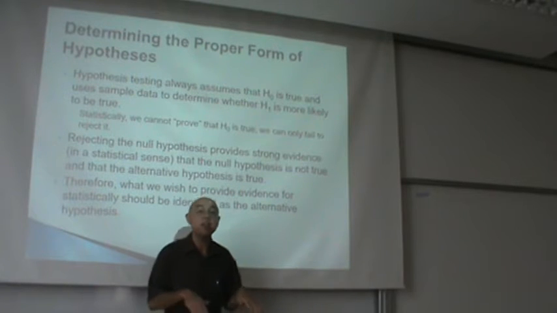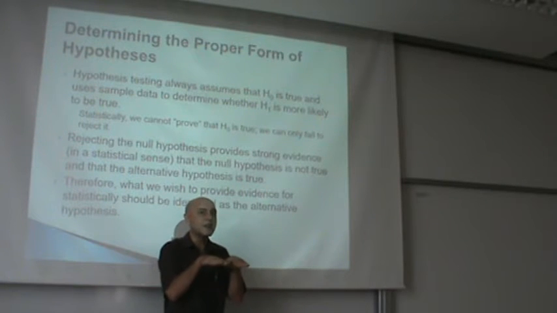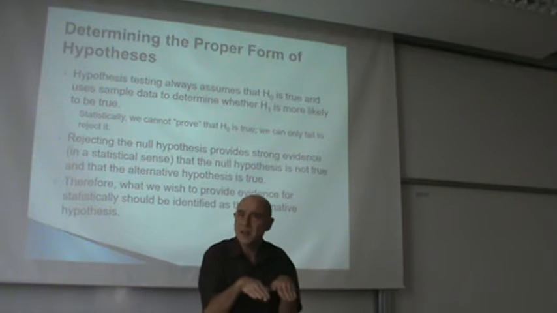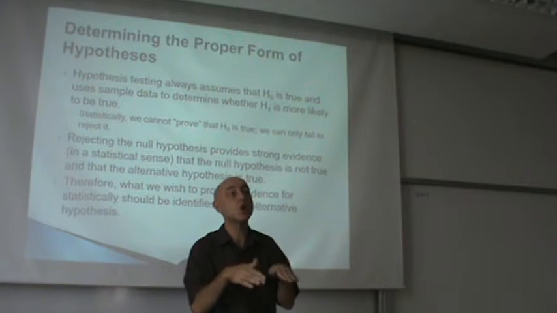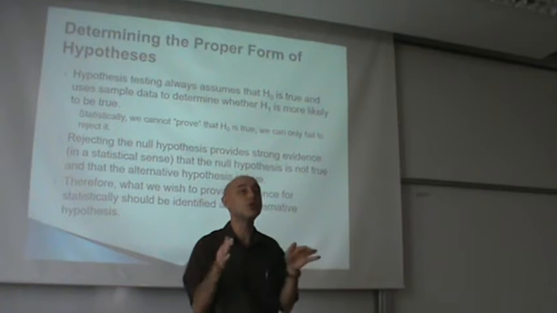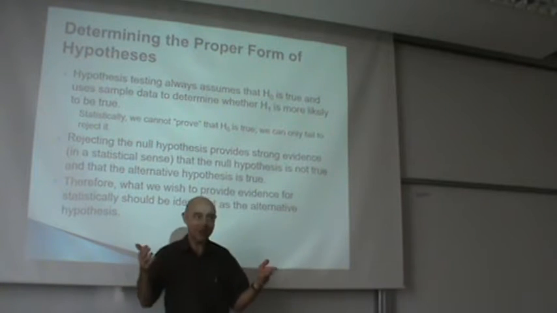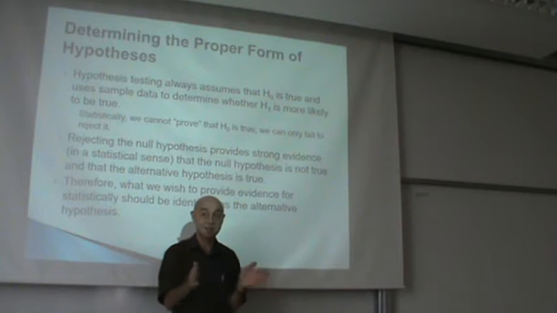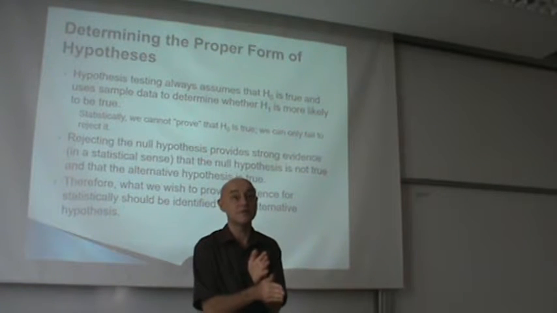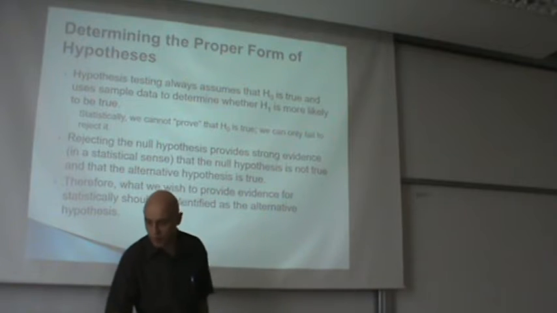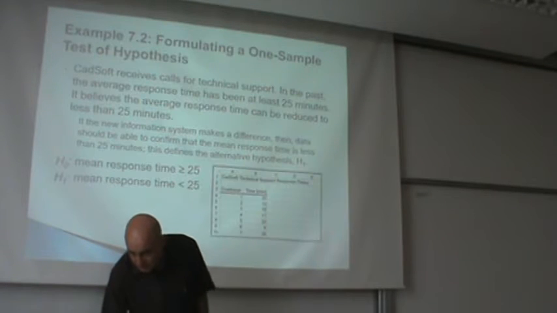On the other hand, if you cannot reject it, it doesn't mean that you showed that they're equal. No, you did not show that they're equal. All you showed is that they're not different, which is not the same as saying they are equal. So that's an important point to understand.